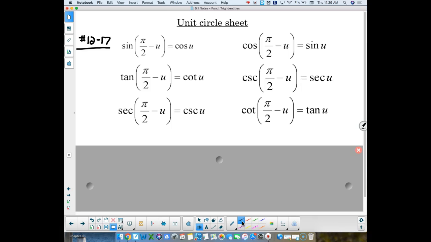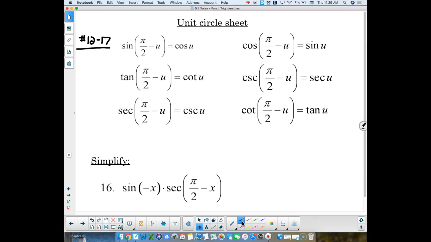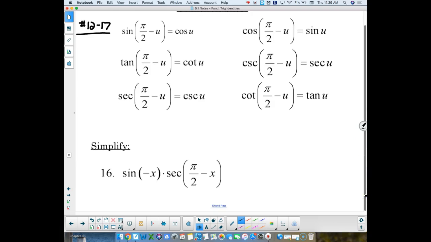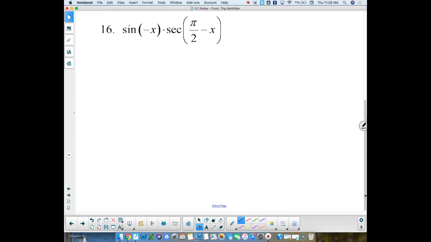So for instance, what we can do is now we can have something like this, where we have the sine of negative x times the secant of pi over 2 minus x. And unlike me, that's not very pretty.